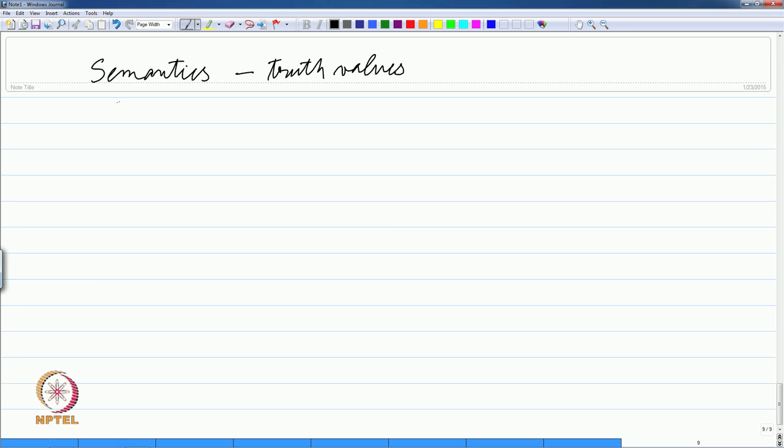So, for atomic sentences, or propositional variables, we have a valuation function, let us call it V, which maps the set of atomic formulas to a two valued set.